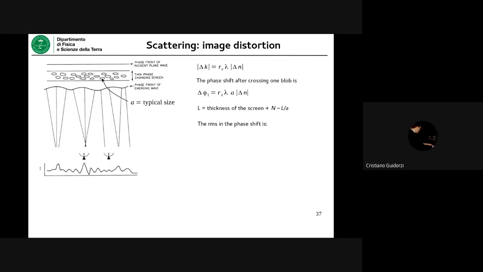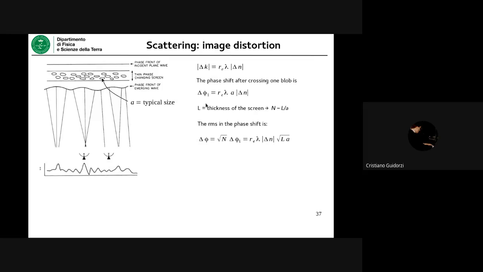So it's the square root of the variance of this number. In particular, it's a Poisson process. So you know that in a Poisson process, if the expected number is n, the corresponding standard deviation, the root mean square, is just the square root of n.